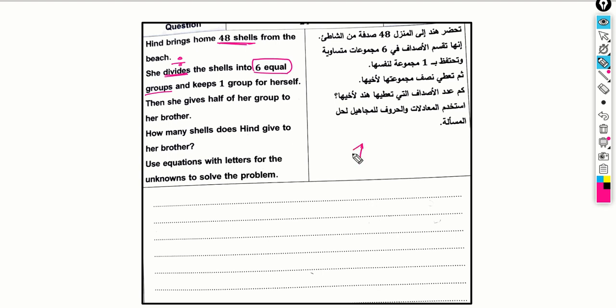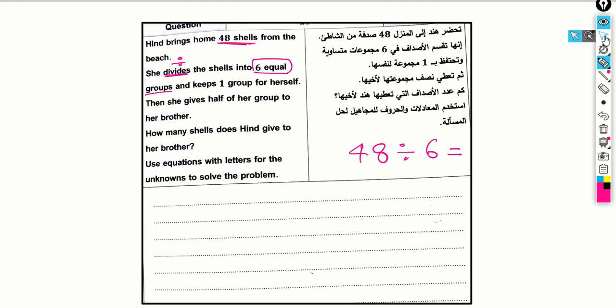So how many total? 48. Divides into 6 equal groups, and keeps 1 group for herself. So how many total groups now? She divides the shells into 6 equal groups and keeps 1 group for herself. Then she gives half of her group to her brother.